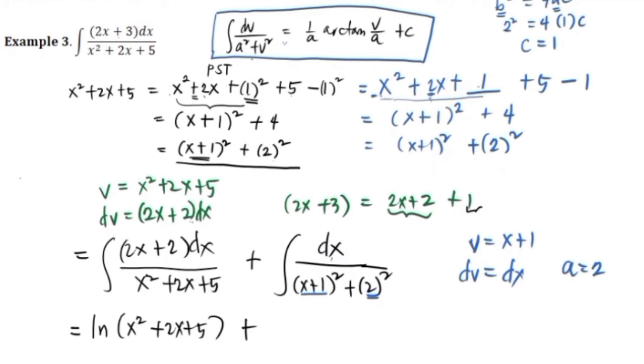Since derivative ng v natin yung nasa numerator, so therefore pwede na nating i-apply itong formula na to. So that would be 1 over a, so that's 1 over 2, 1/2 arctangent of v over a, so your v is x plus 1 over a, so your a is 2, so that's over 2, plus c, and this is your answer.